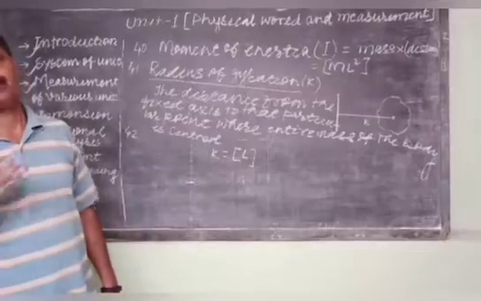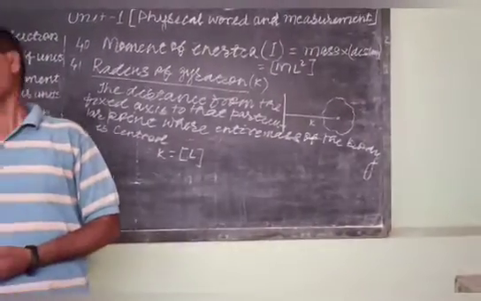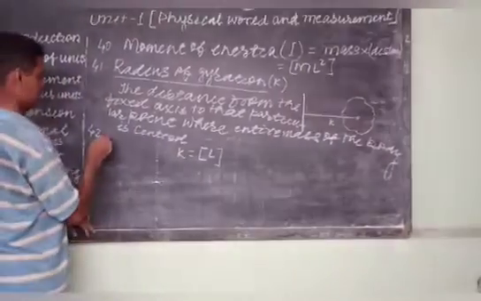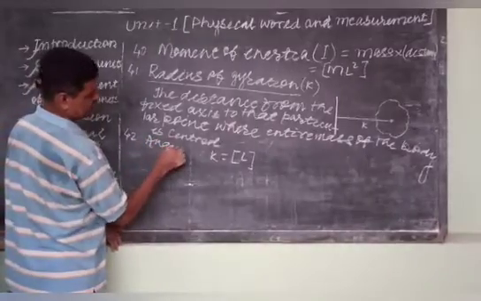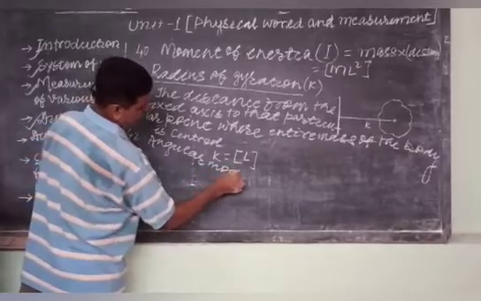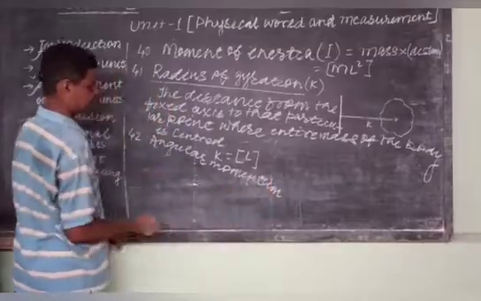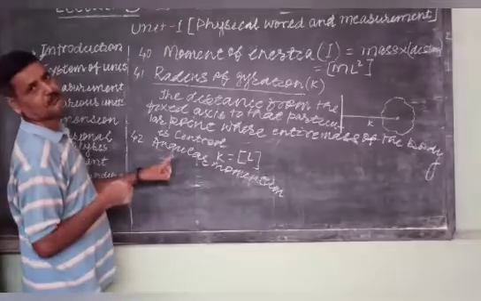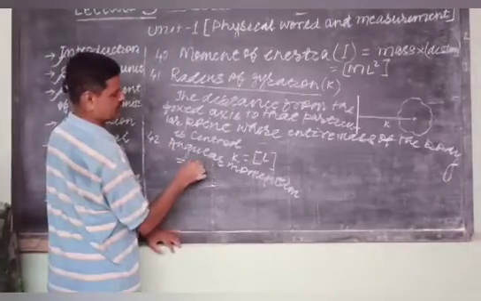Just after radius of gyration, the next term is angular momentum. There is a formula for angular momentum: L is equal to I into omega.